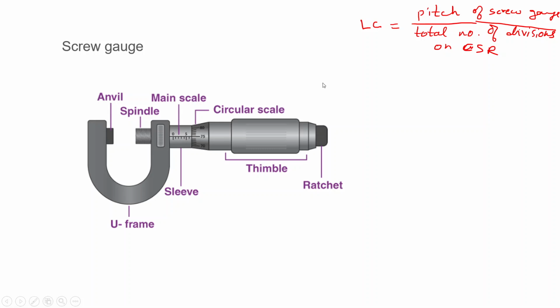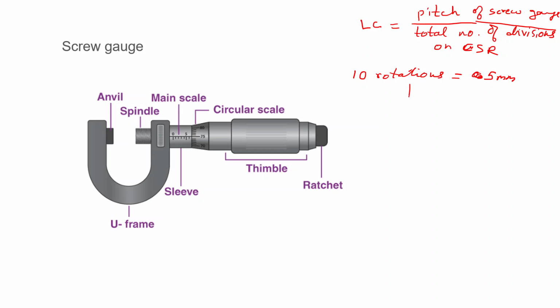For example, say that in 10 rotations, on the linear scale I covered 5 millimeter.